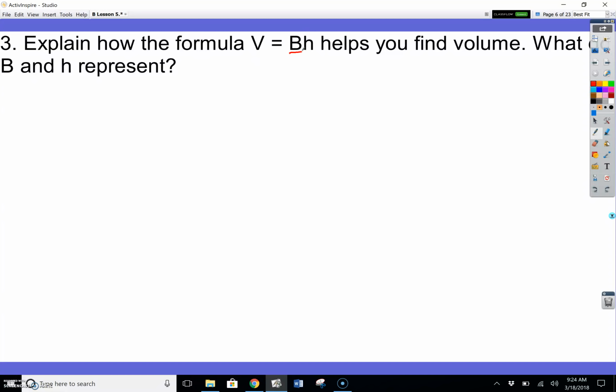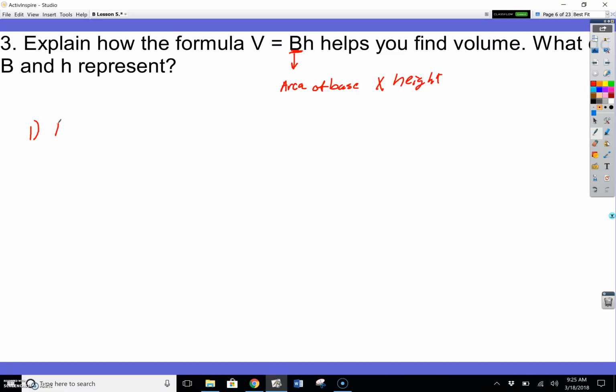I want you to notice this is a capitalized B. This is saying the area of the base times the height. Make sure we write that down. It says explain how the formula volume equals area of the base times the height helps you find the volume. What do the B and the H represent? So it's basically, what are the steps of solving this?